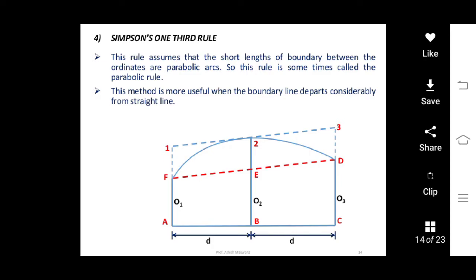The following figure shows the setup of the lines in the survey, where D is the distance between two ordinates and the parabolic shape or curve shows the boundary between the two sections.